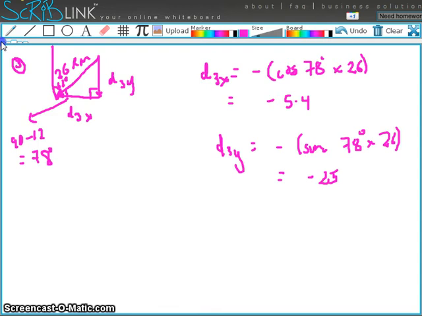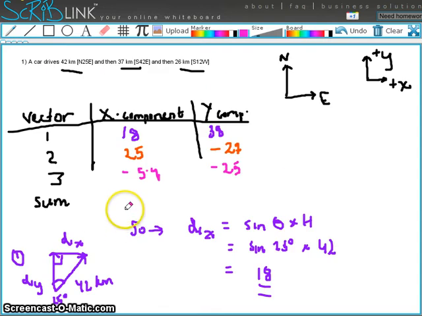So basically we've broken down all our components, and we can sum it up. You sum up the x components, so 18 plus 25 minus 5.4, I actually end up getting 38. And for your y component, you have 38 minus 27 minus 25, you get a minus 14. So what do you do with these numbers?